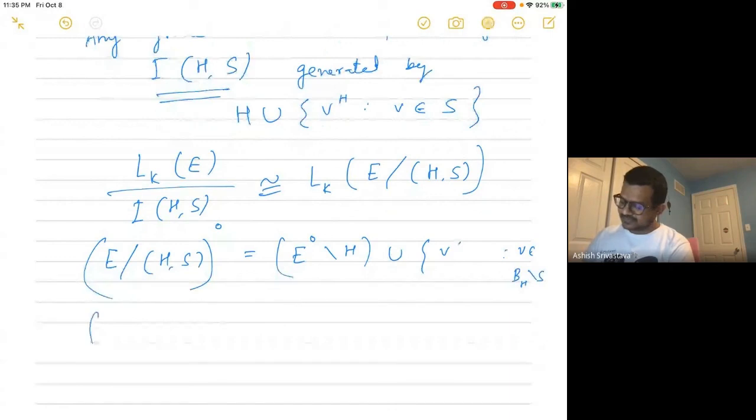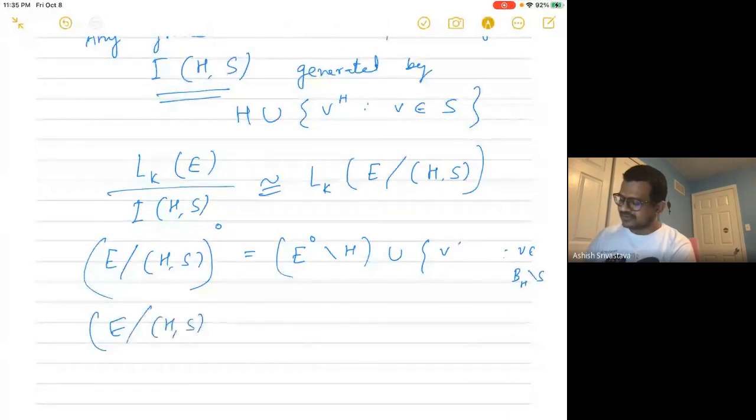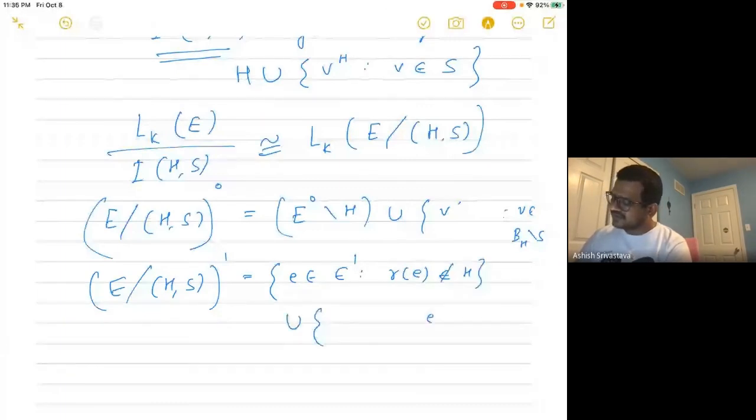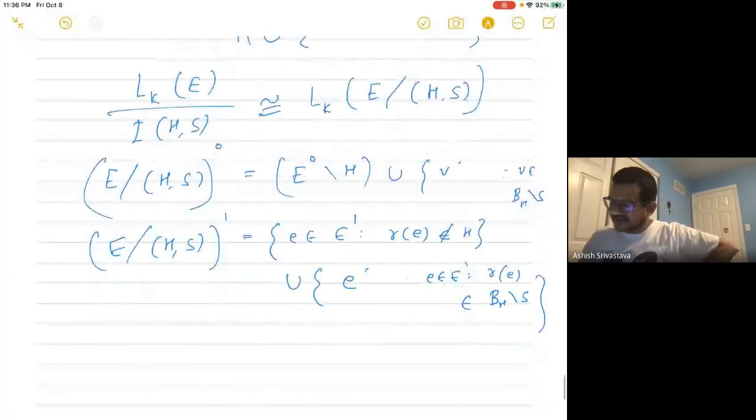So this is a lot of work very quickly, but not too difficult. If you sit quietly and try to construct it, you will easily see how to construct the quotient graph. Here we put all the edges e in E1 such that range of e is not in H. And then for every e in E1 with range of e in the breaking vertices without S, we put a corresponding e prime, and we very naturally extend r and s.